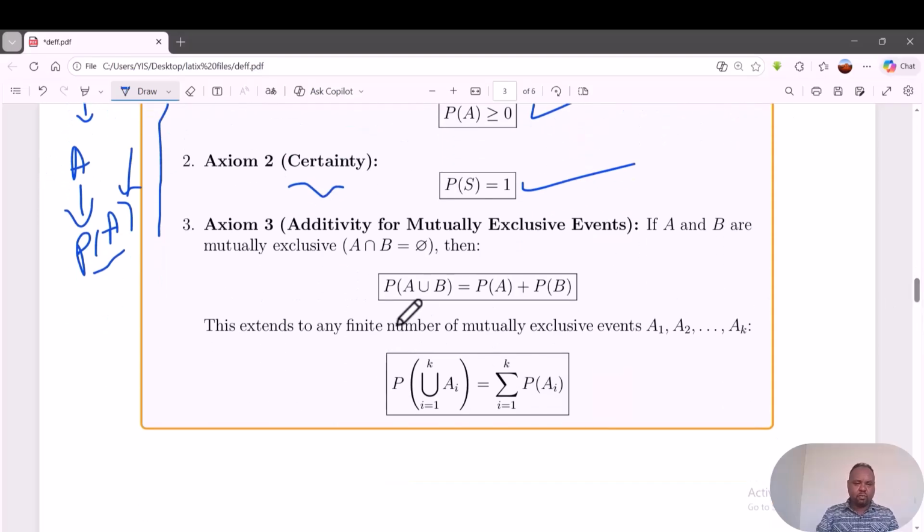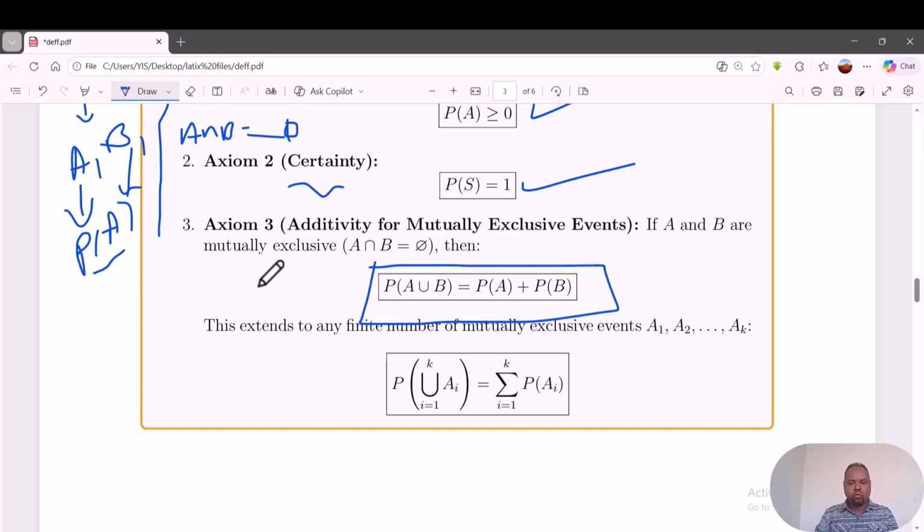And the third axiom: for any A and B which are mutually exclusive, meaning A intersection B is empty, meaning A and B could not happen at the same time, then the probability of getting either A or B is the sum of the probabilities of the individual events, right? This is also the third rule of this approach.